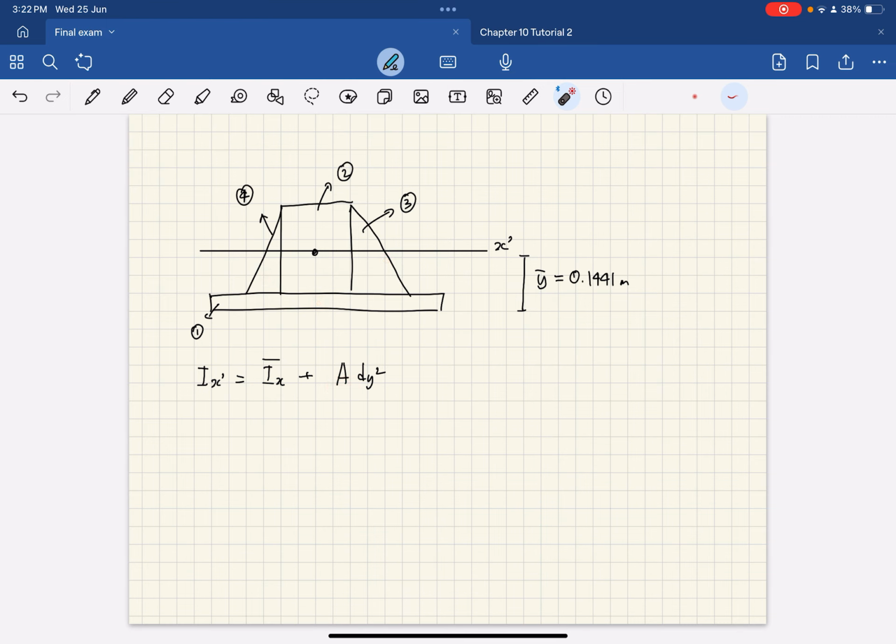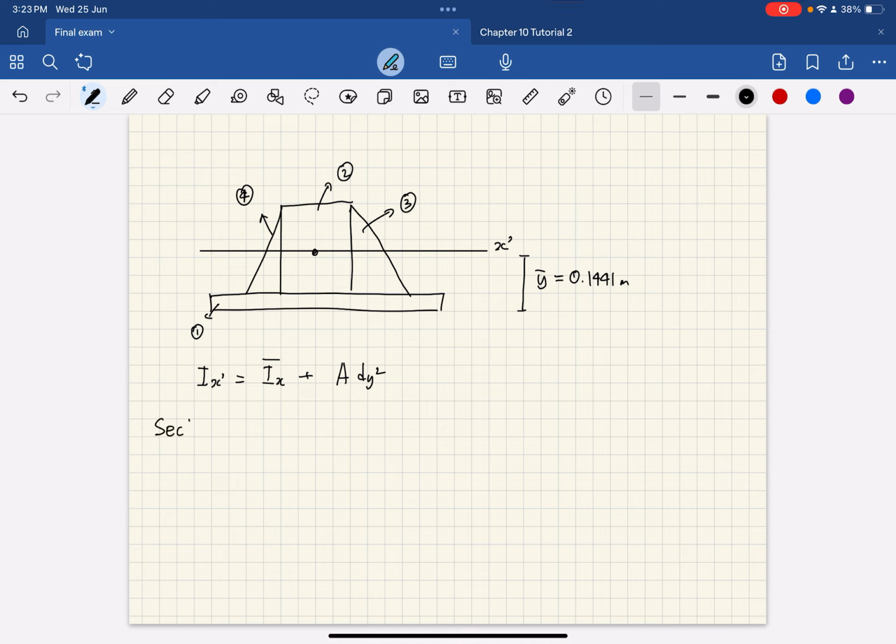A is the area of each shape itself, and dy is the distance between each shape's centroid with respect to the axis itself. Dy can be positive or negative, by the way, but when you square it, it's going to be a positive number, so it doesn't really matter.